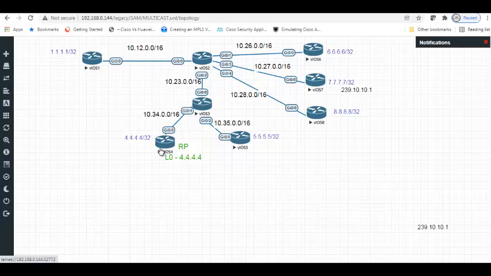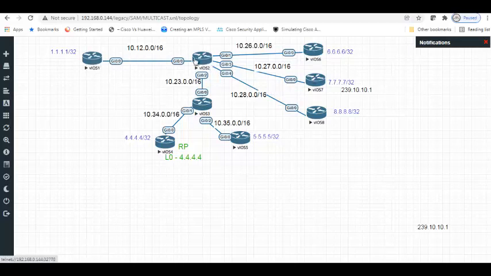R7 is not saying, RP, you be the mediator, you send everything, you be a forwarder. R7 says, just tell me who is the source for this if you know. I'll get the packet from him straight. I'll find the shortest path to reach the source.